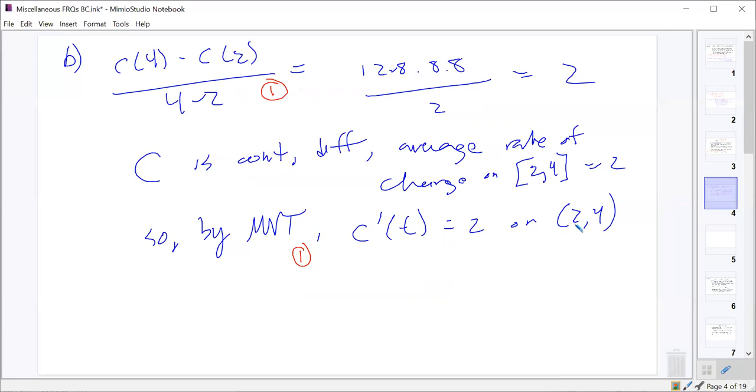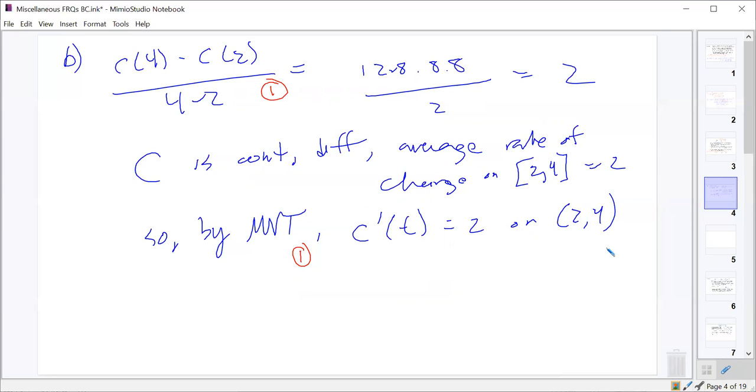Specifically they said on the closed interval from 2 to 4. The mean value theorem states that if the function is continuous and differentiable, then the average rate of change equals the instantaneous rate of change on the open interval. They said on the closed interval, but if it happens on the open interval, it certainly happens on the closed interval also. It's just including those extra endpoints.